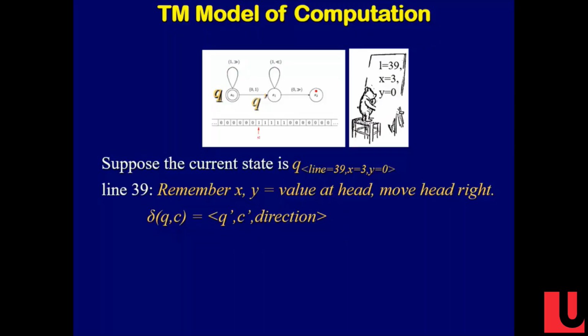The second character is what we write on the current state and then we move. This is the character I'm reading. This is the character I'm writing. On the state we are in? No, on the location of the tape that the head is. On the head, yes. The head is reading this character. The head is writing this character. Then we move the head.